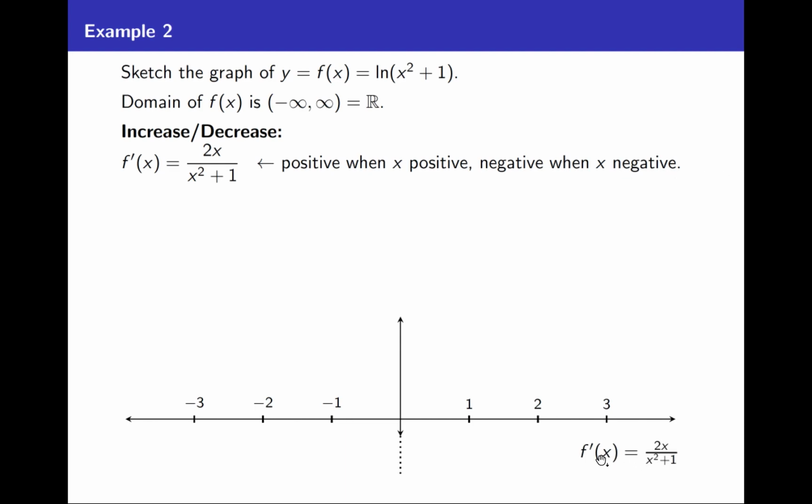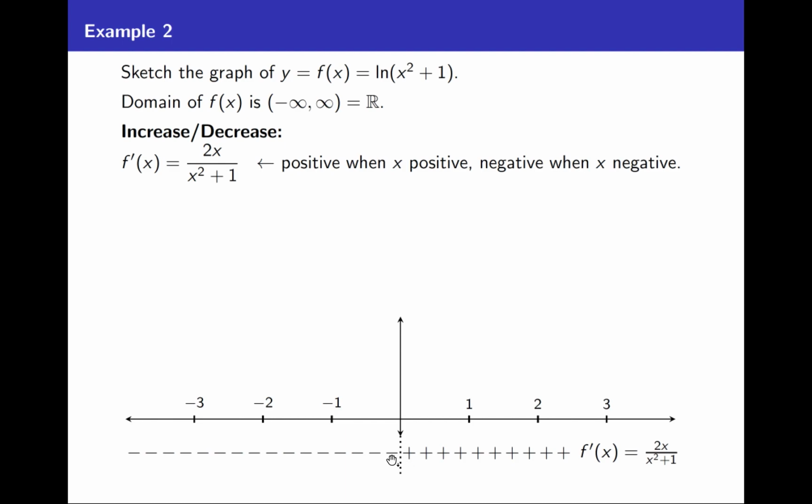So let's tally that down here. Here's f prime of x, positive when x is positive, negative when x is negative. So you can see there that we now know that f is increasing on this interval and decreasing on that one. And right there at x equals 0, the derivative changes from negative to positive.